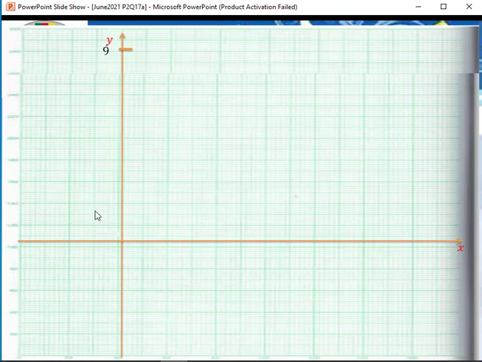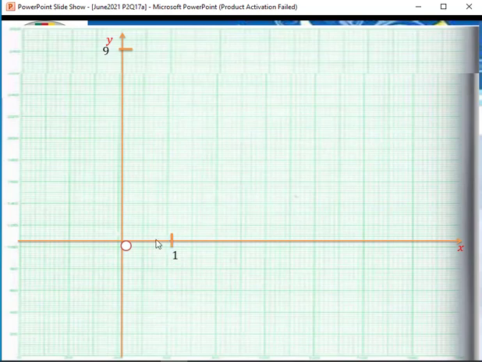So if we call this point where these two lines meet the origin, the point 0, from here we move from one thick line to another thick line. We call it 1 unit. So those are 2 centimeters, which will be 1. So from there to there, we'll call it 1.